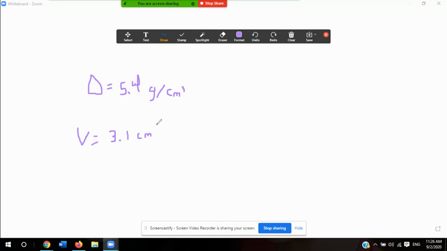So we're actually using aluminum, with a density of 5.4 grams over centimeters cubed and a volume of 3.1 centimeters cubed, and we need to find the mass.